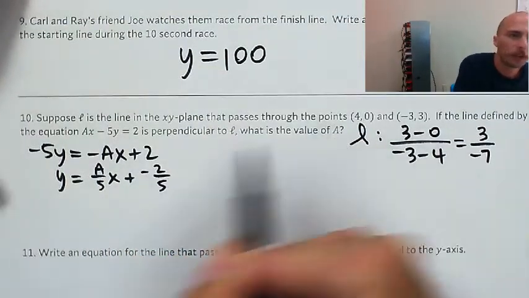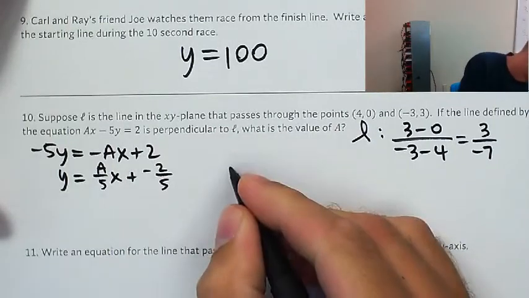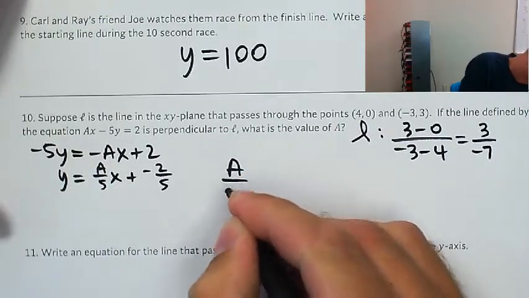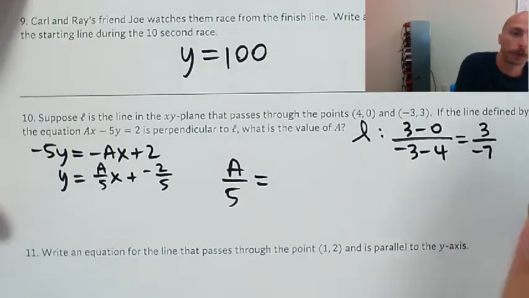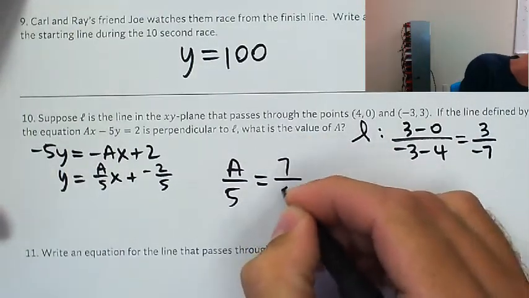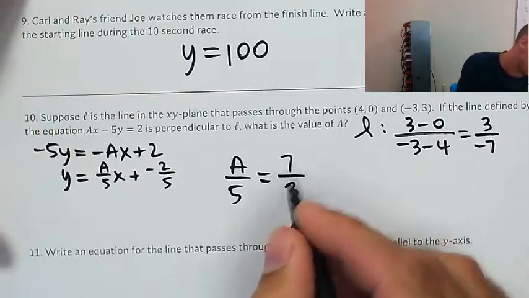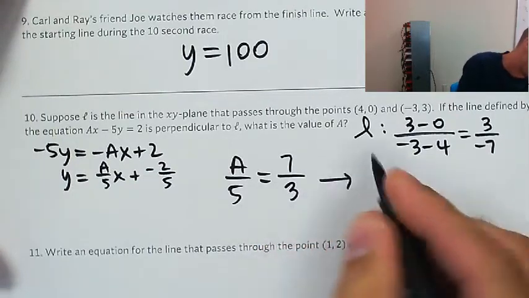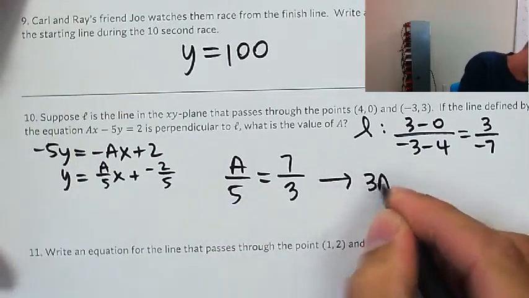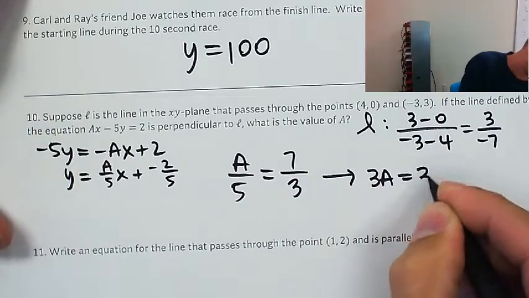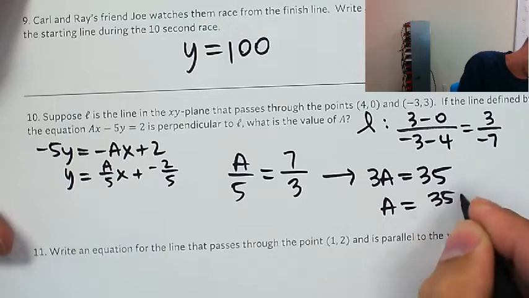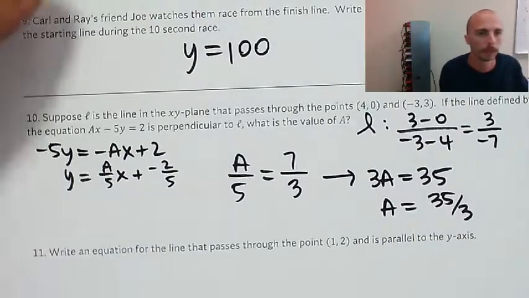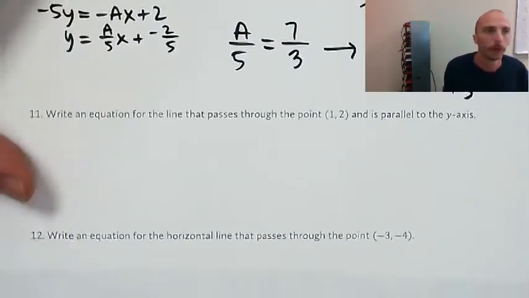We need to just figure out the value of a, so that a divided by 5 is equal to not 3 over -7, but +7 over 3. Now I'm going to cross multiply. So I'll have 3 times a is equal to 5 times 7. And then a is going to be 35 over 3. And that'll be fine. It's a perfectly acceptable number.